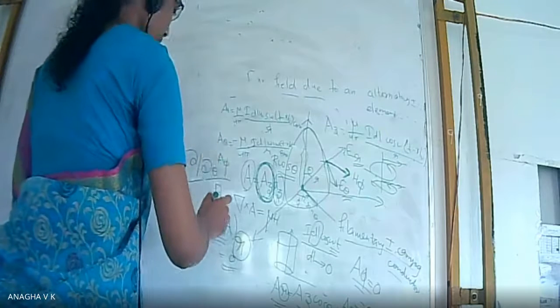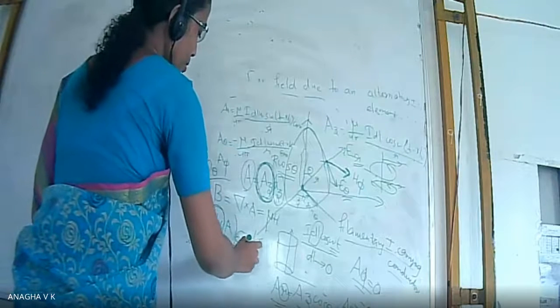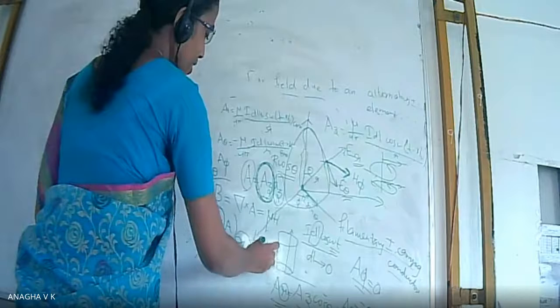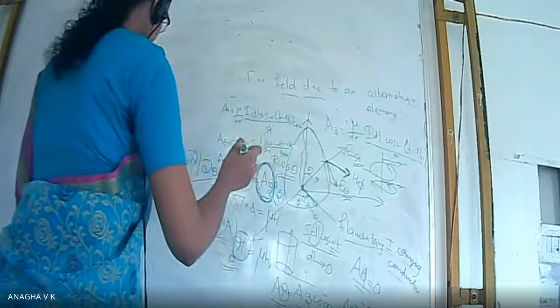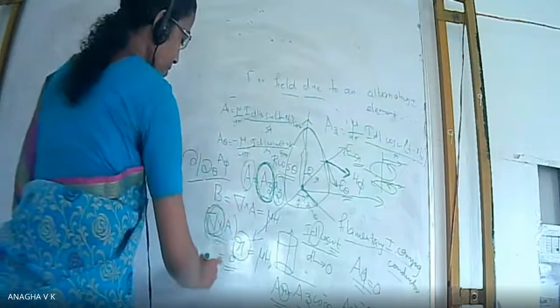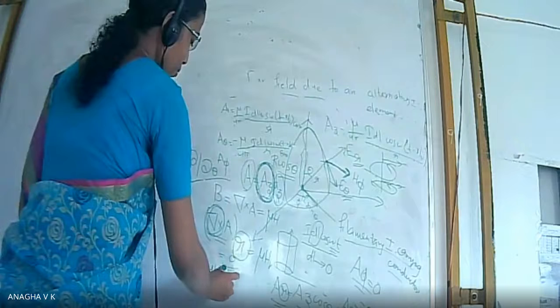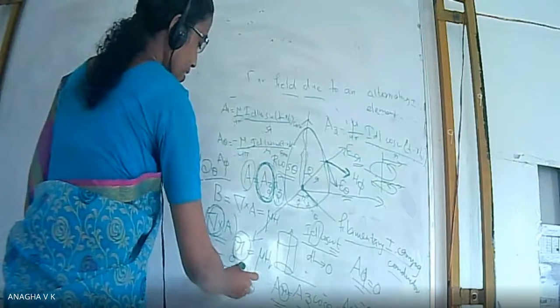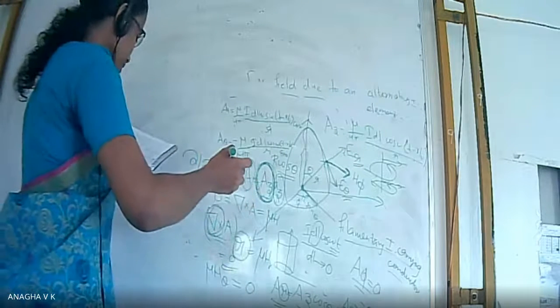So we can say mu H_r equal to 0. Likewise, you get mu H_theta is equal to 0.